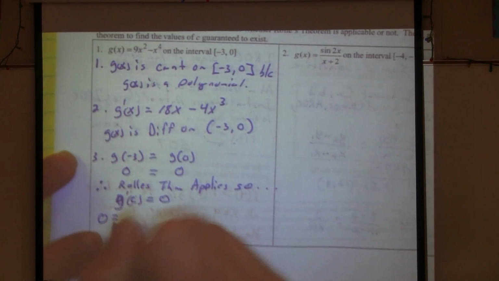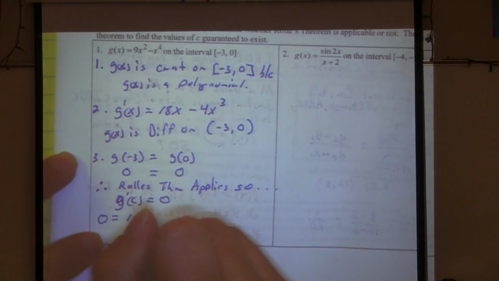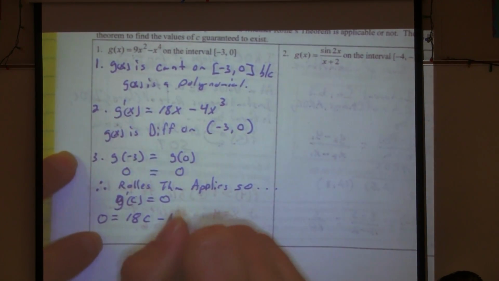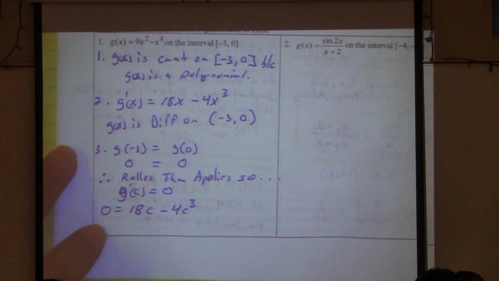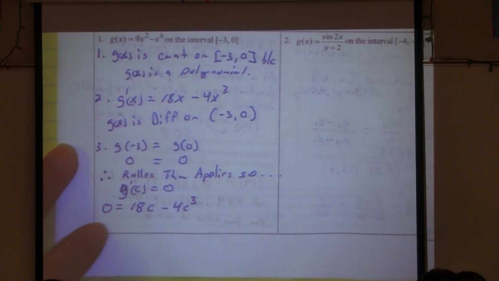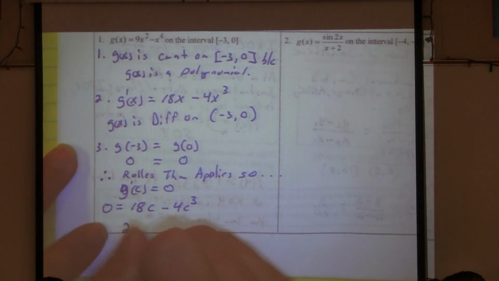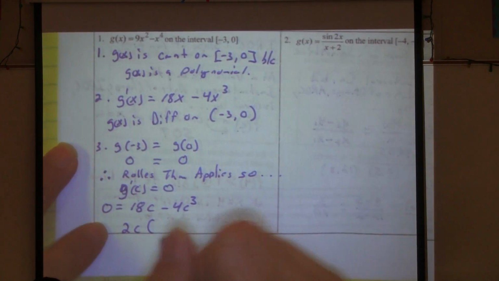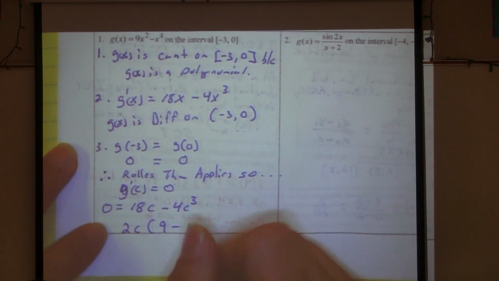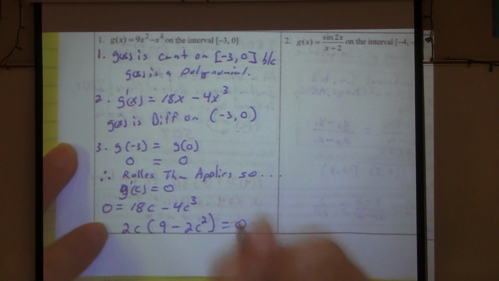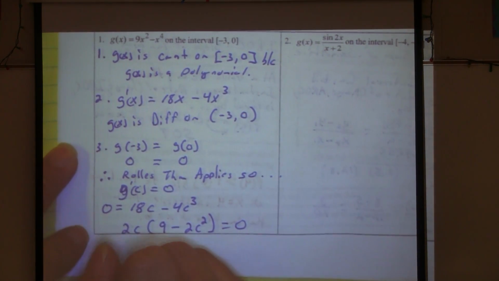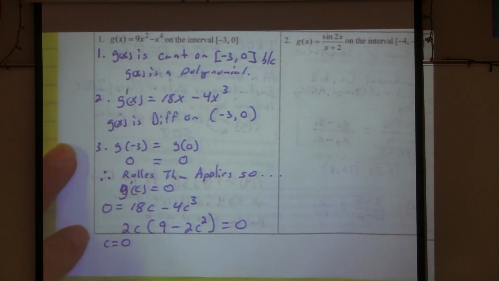So 0 equals 18c minus 2c cubed. Can we solve that? What can we take out? 2c. What's left? 9 minus c squared equals 0. So we set each factor equal to 0, and we get c equals 0 over here.